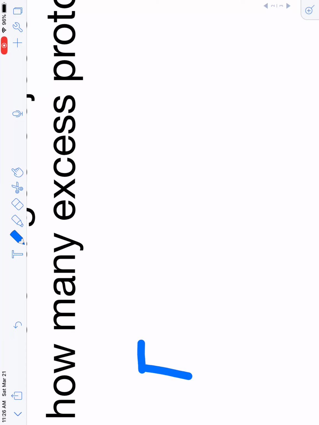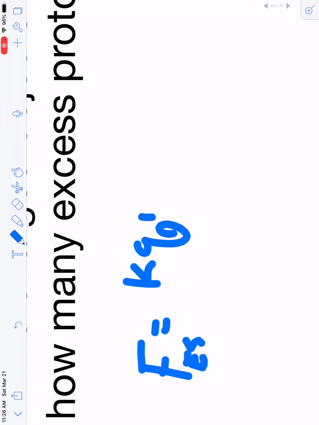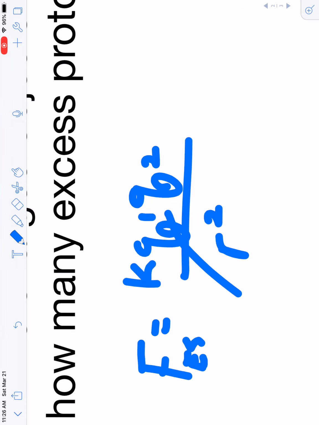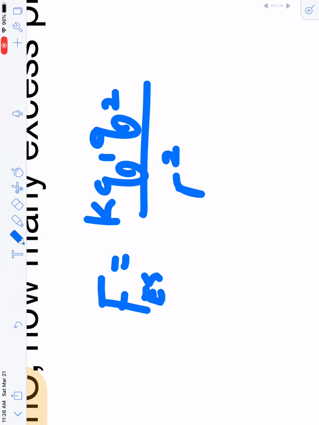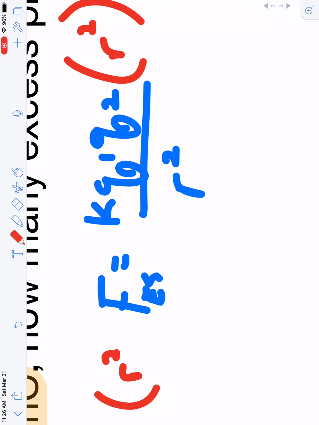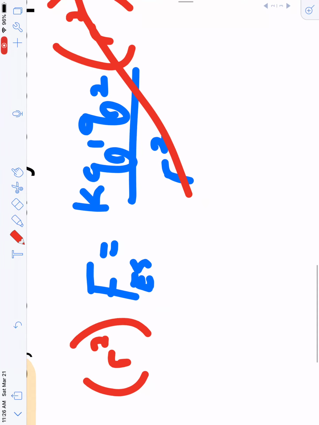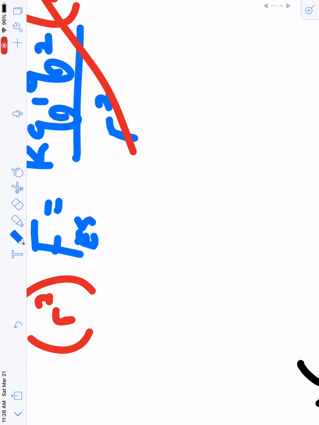We have the force. Electrostatic force is equal to K, Q1, Q2, divided by R squared. Again, I'll go through the algebra and how to cancel and get the equation that we want. That side's going to cancel.